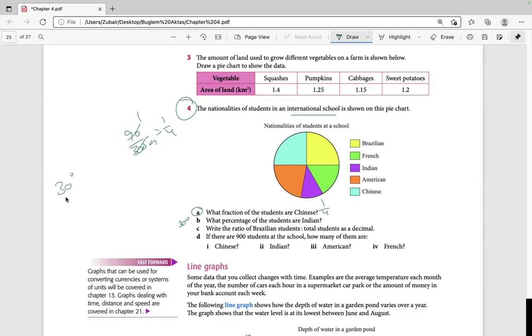This is 30 degrees out of 360 degrees, because no total is given. No one said that these are 100,000 students. So 30 divided by 360 times 100 to find the percentage. The 0 goes with this, 3 times 12 is 36, so 100 by 12 is approximately equal to 8.3%.